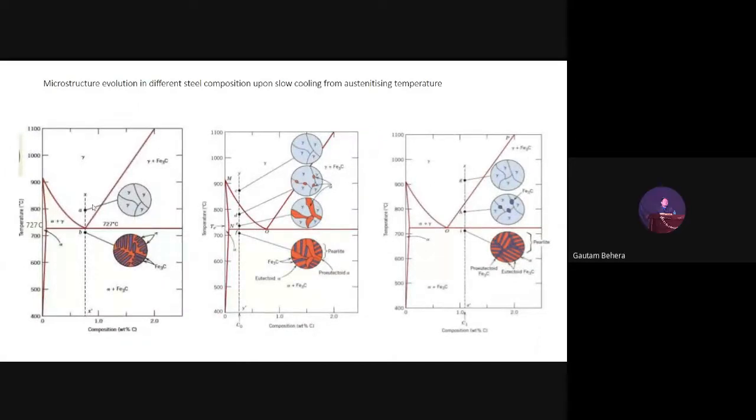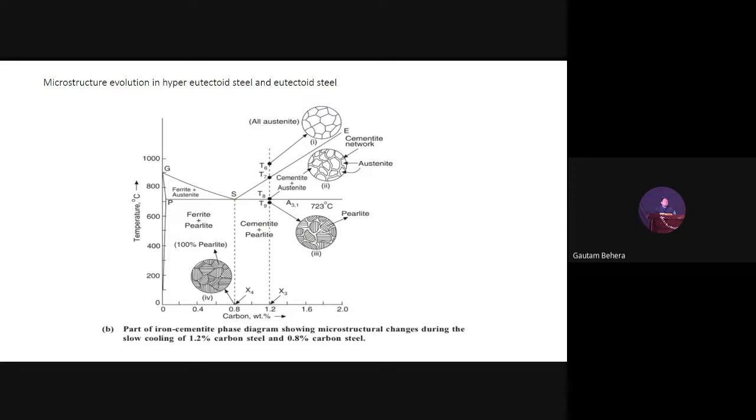This one is the eutectoid microstructure. This one is the hypoeutectoid microstructure, and this one is the hypereutectoid microstructure. These are cartoon diagrams, but those are real diagrams. Okay, this is one part. And this one is your hypereutectoid composition. Less than this one, less than eutectoid composition.